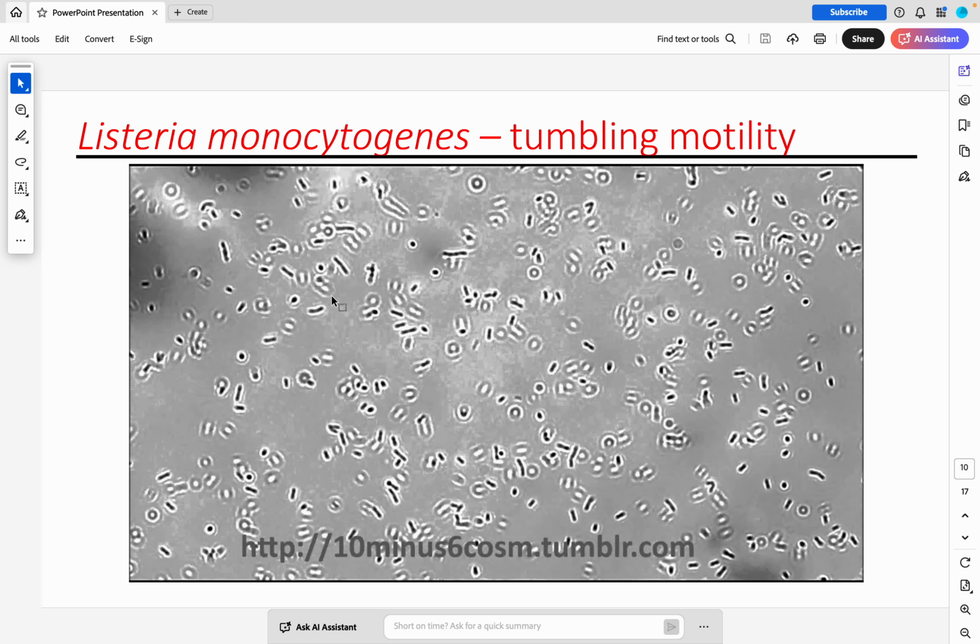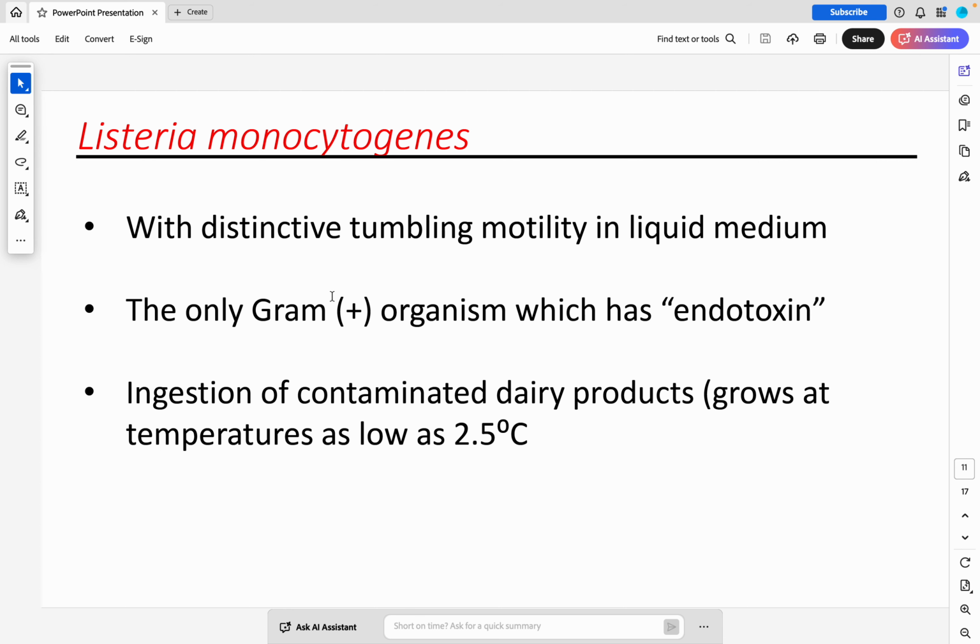Okay, so here you can see two rod-shaped cells, or two bacilli, that appear in chains. When in a liquid medium, they can be observed to manifest motility, and it is known that L. monocytogenes is the only gram-positive organism which has an associated endotoxin, a structural toxin.